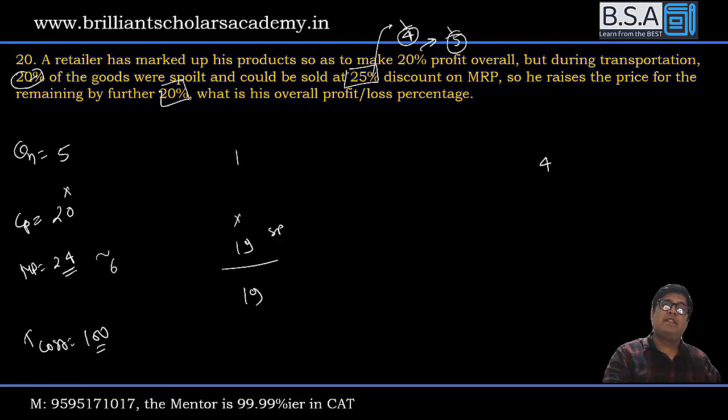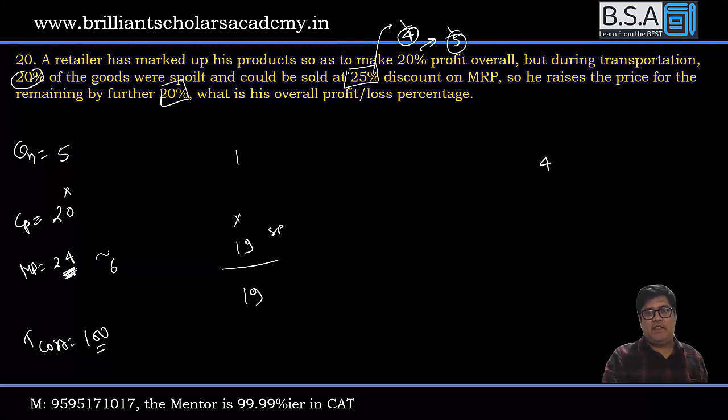Further 20% was increased. What is further 20%? What is 20% of this? 20% will be 9.6. So 9.6 rupees are raised further. How much money can we collect from this?